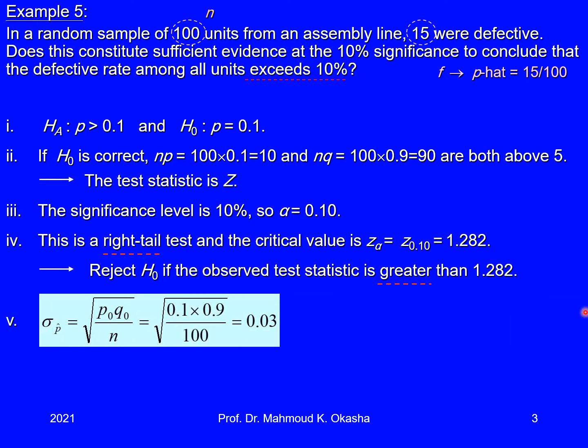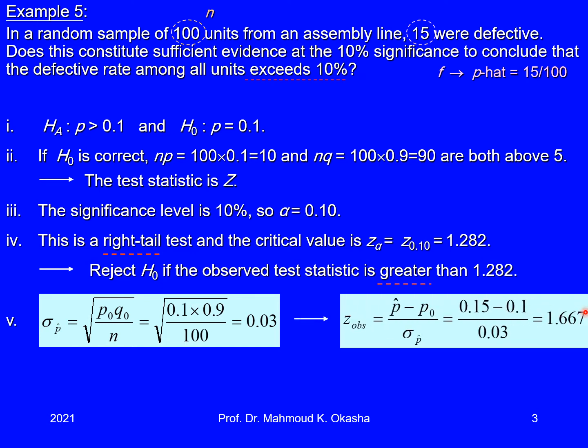Before that, we calculate the standard error, which is the square root of p naught times q naught over n, which is the square root of 0.1 times 0.9 over 100, which comes to 0.03. That's the standard error.